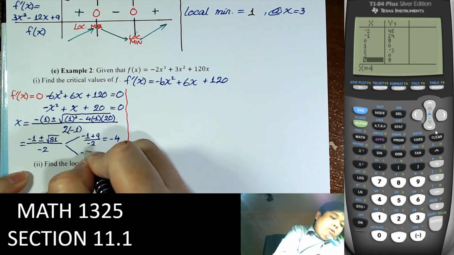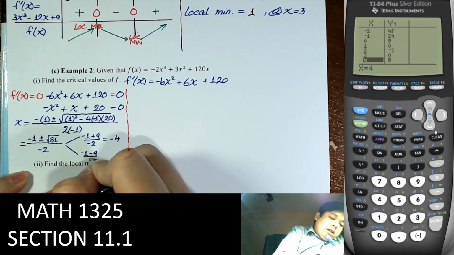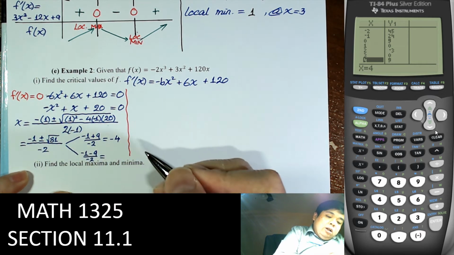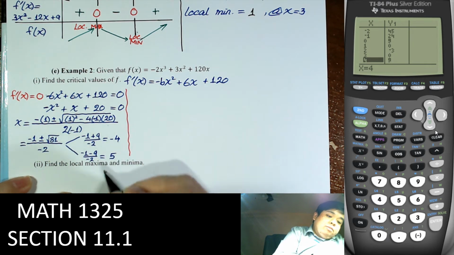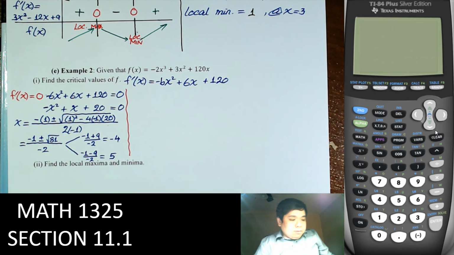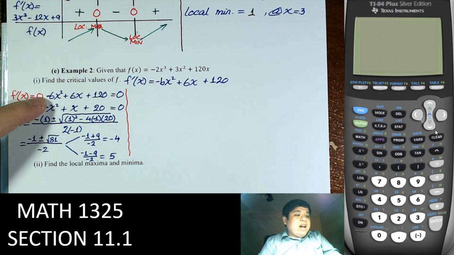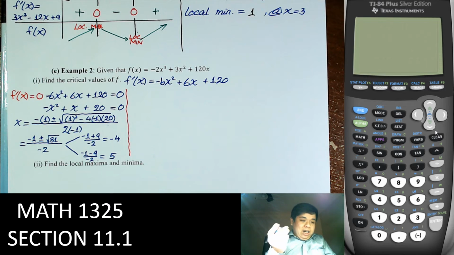And then negative 1 minus 9 divided by negative 2 gives us negative 10 divided by negative 2, that's positive 5. Actually, we should just go ahead and divide by negative 6. That would be better. But regardless, it works. We have negative 4 and 5.